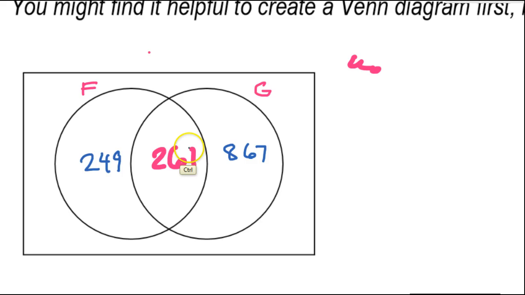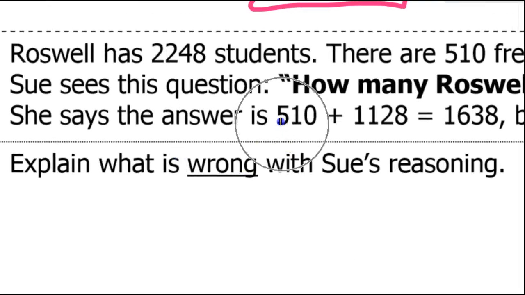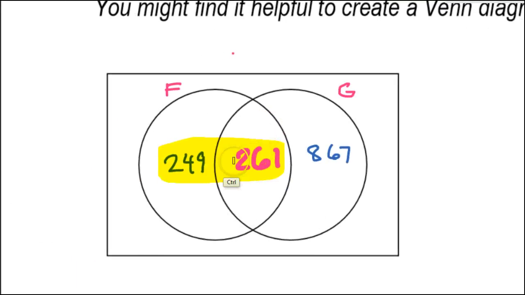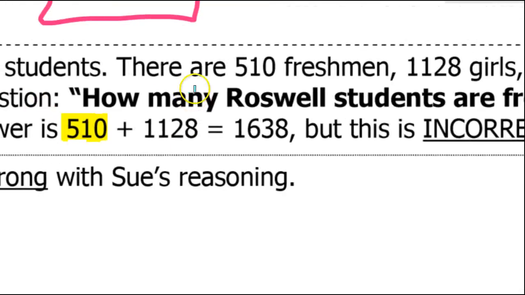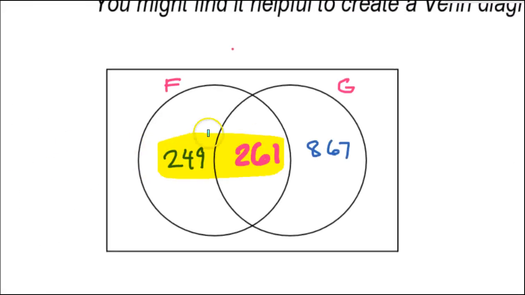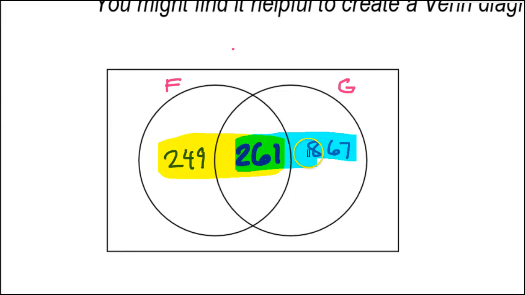So here's the mistake that Sue made in a nutshell. When Sue used the 510, that was the 249 and the 261 right here. She was really adding both of those numbers together and using that. But then when Sue used the 1,128, that's the sum of these two numbers right here.